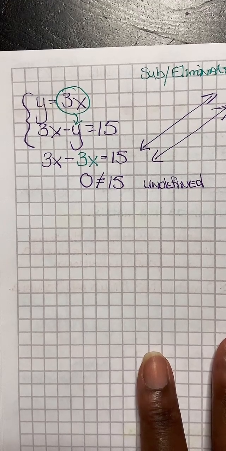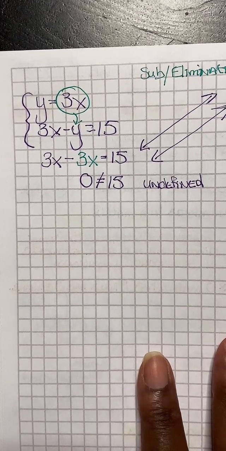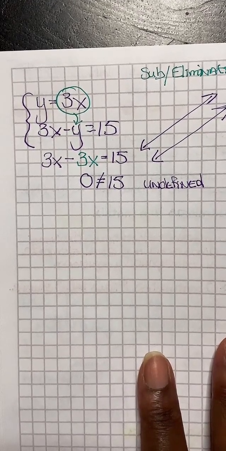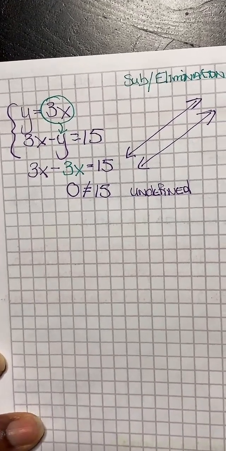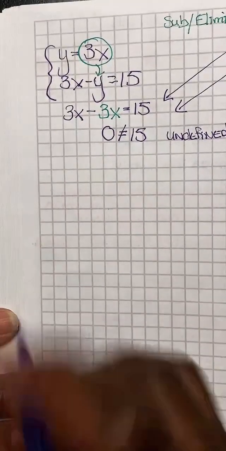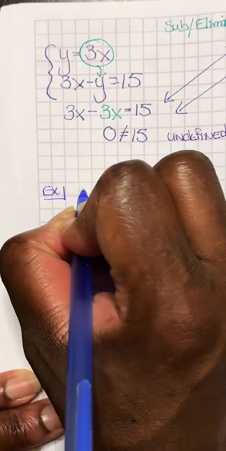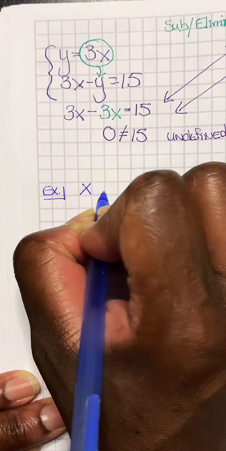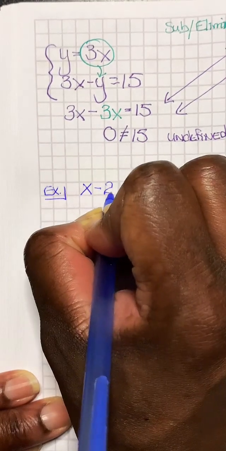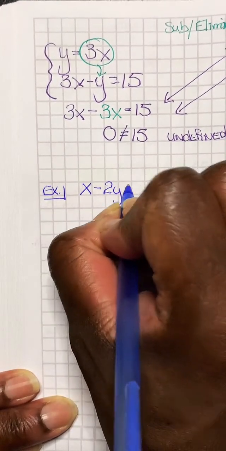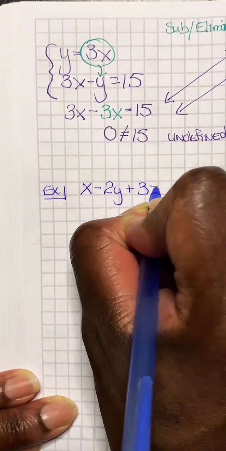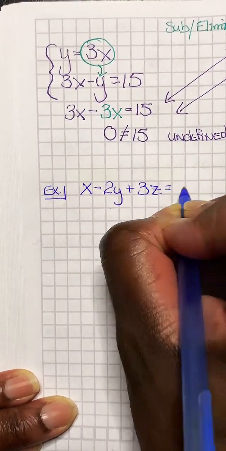let's say, yeah, I'll do this one. If I can find my pen. So let's say we have, and this gets to be a little advanced though, we'll say we have x minus 2y plus 3z equals 9.